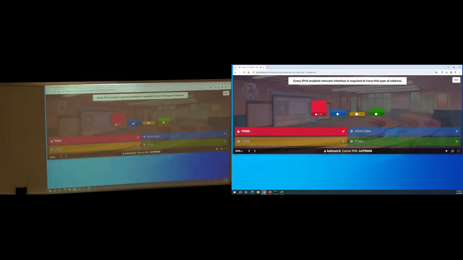Yeah, an FE80, it has to have a link local. Now, it doesn't have to have a globally routable address, right? It wouldn't be able to get out on the internet, but it doesn't have to have one.